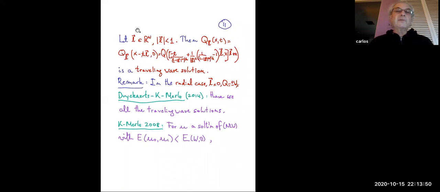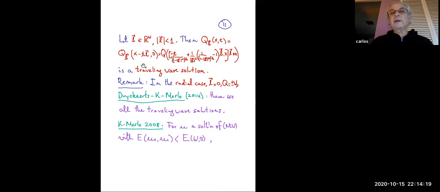And so for that, we pick a vector L of length less than 1. 1 here is the speed of light. So in this model, these are subluminal speeds. And the traveling wave solution that you obtain is given by this horrible formula in terms of the L.